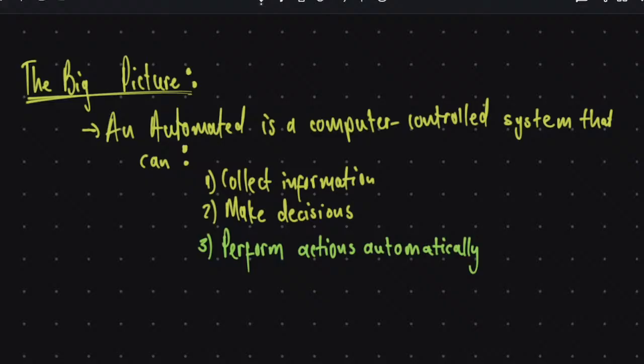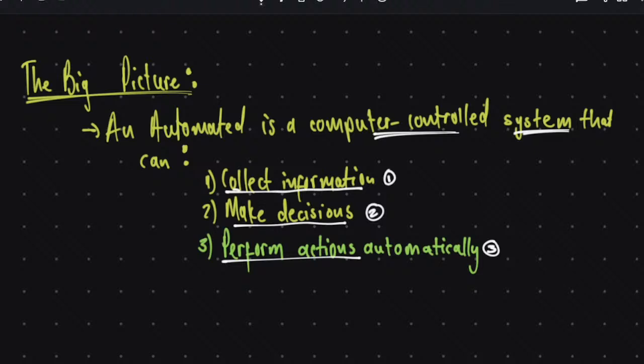Let's see. An automated system is a computer-controlled system. It has to, number one, collect information, make decisions, and perform actions. So, like I was saying, as a person, you make a decision: I want to drink water.